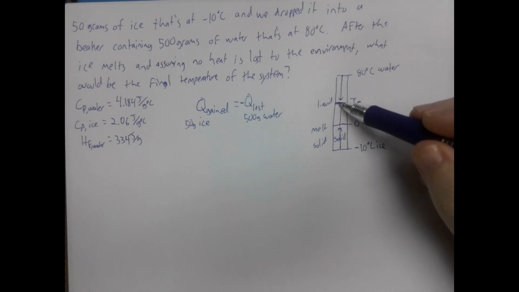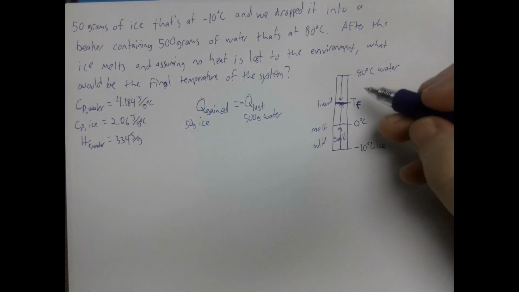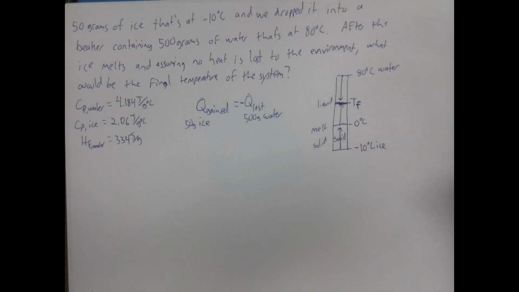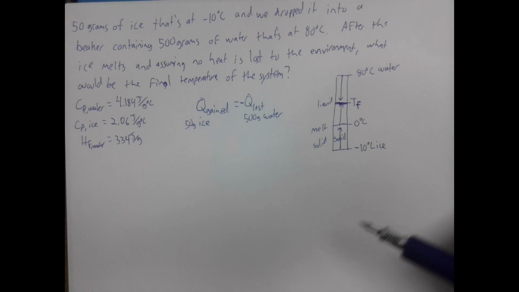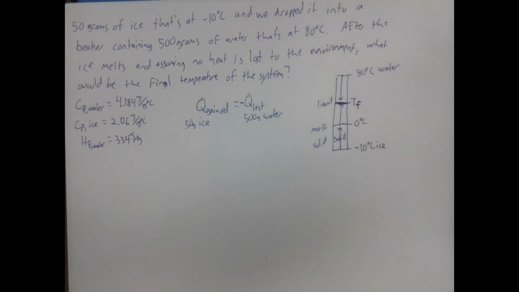So you basically have to guess here, and once you do all the math, it's basically common sense where this line is. Sometimes it could be down here, but the only times it'd really be down here is if you're pouring hot water on a giant iceberg. Most of the time, the water isn't going to freeze, and instead the ice is going to melt. So we'd guess that the final temperature is going to be somewhere in the liquid portion.